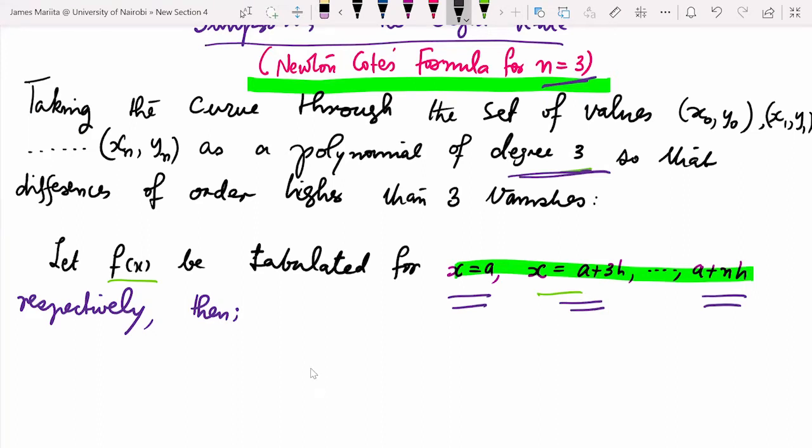Where in this case now, after getting these tabular points, we will then talk about the integral.